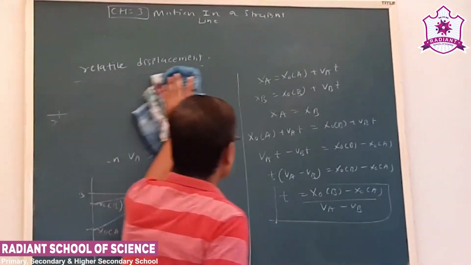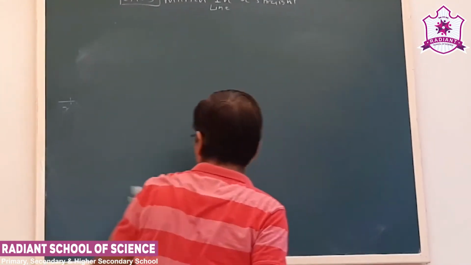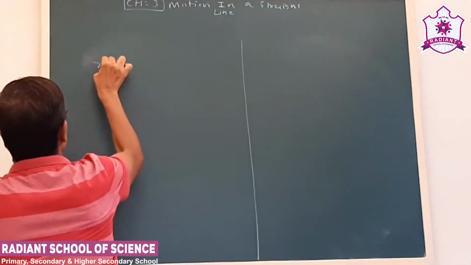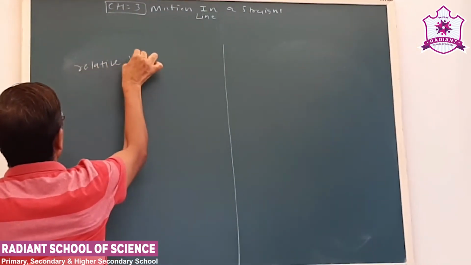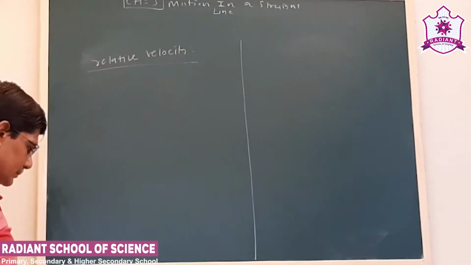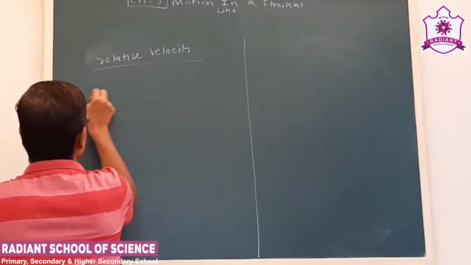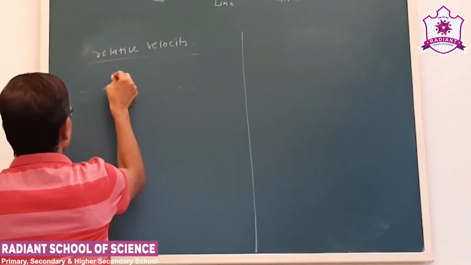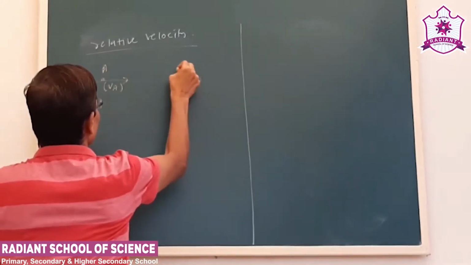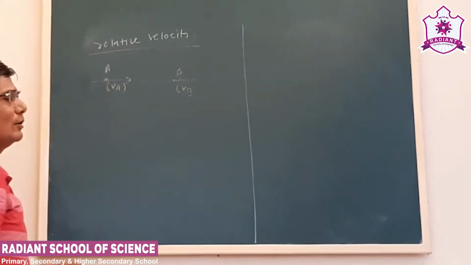Our next topic is relative velocity. Right now we consider a very simple situation. Let us say A moves with the velocity VA and B moves with the velocity VB.